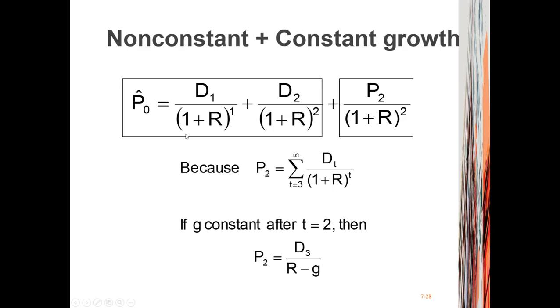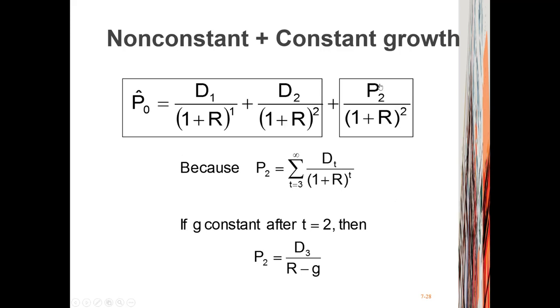All right, so here you see a non-constant plus constant growth scenario solution. Stock price equals the discounted dividends when the company experiences a high growth rate, D1 and D2, and then we solve for the time period beyond the second year by calculating P2, which is the stock price realized at the end of the second year, and discount this number twice to get a present value.